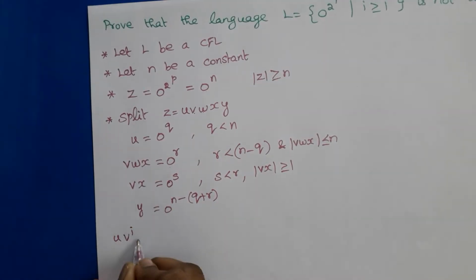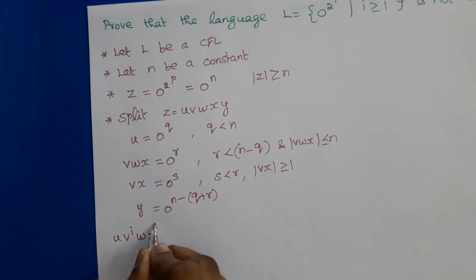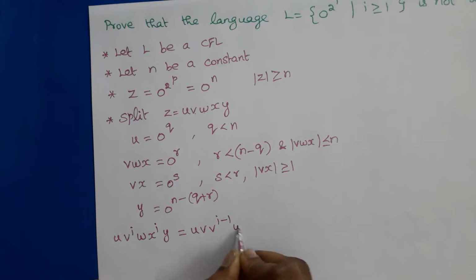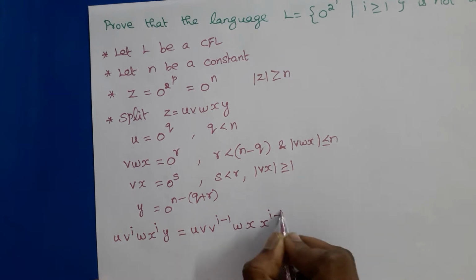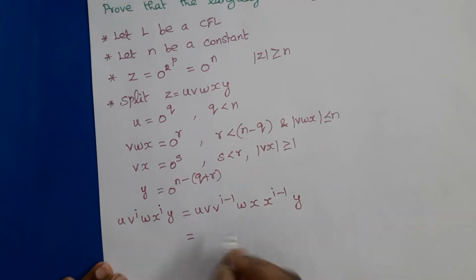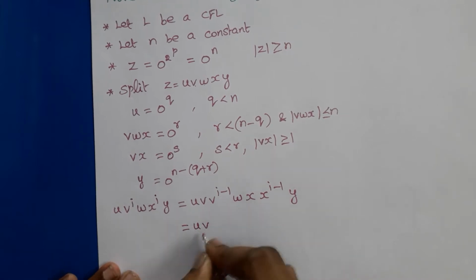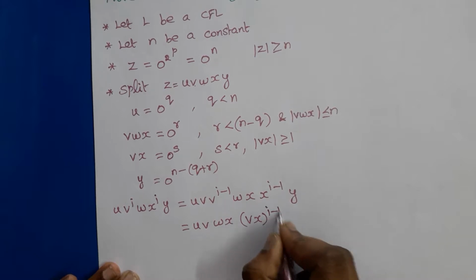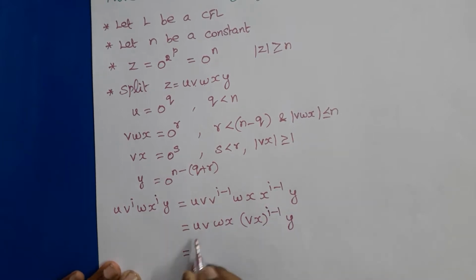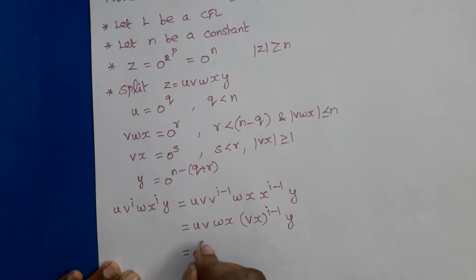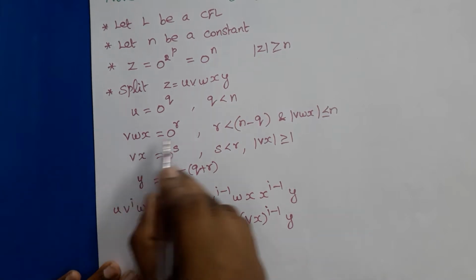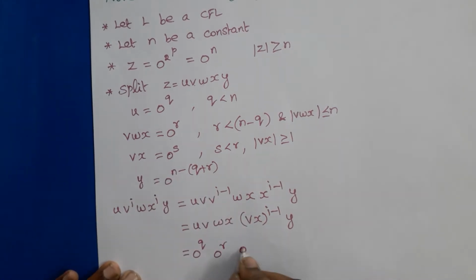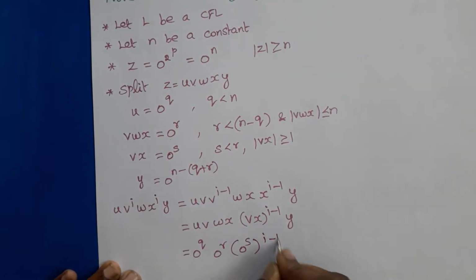UV to the power I, WX to the power I, Y equals U V V to the power I minus 1, W X X to the power I minus 1, Y, which equals UVWX. We can combine VX, then Y. Now U is 0 to the power Q, VWX is 0 to the power R, VX is 0 to the power S to the power I minus 1.